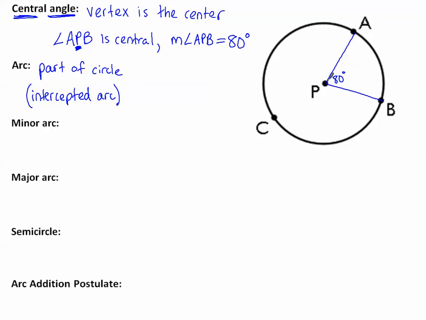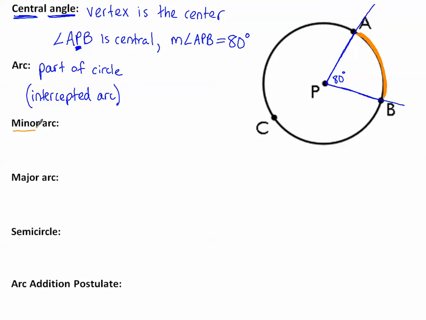For example, the sides of angle P hit the circle at point A and hit the circle at point B. So the arc being intercepted is this minor arc right here, arc AB. Why did I call this one a minor arc? Because a minor arc, think as compared to major.